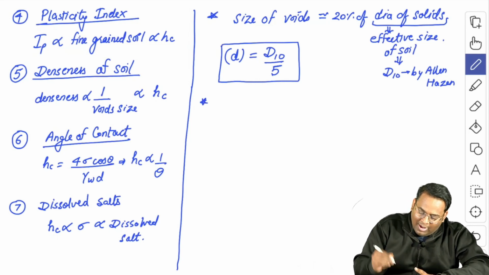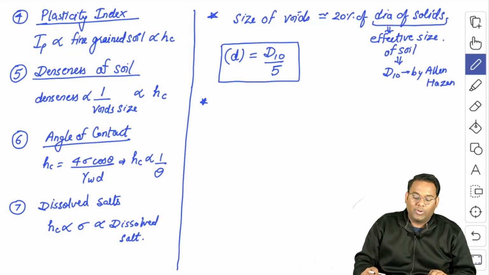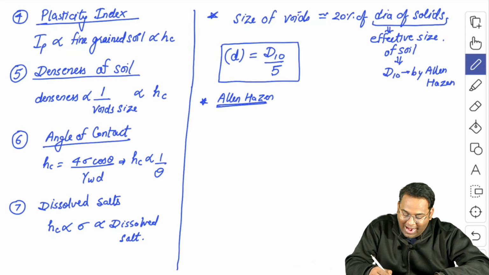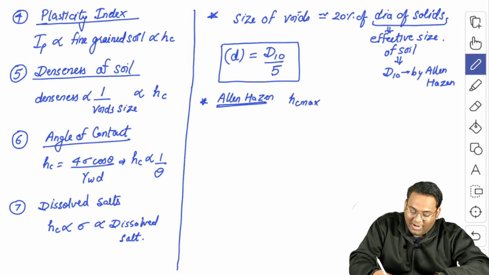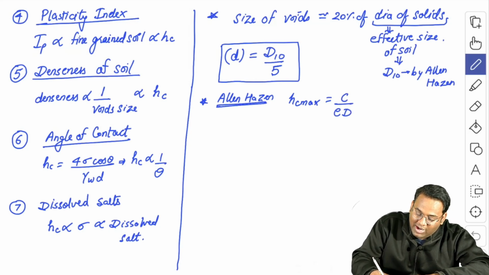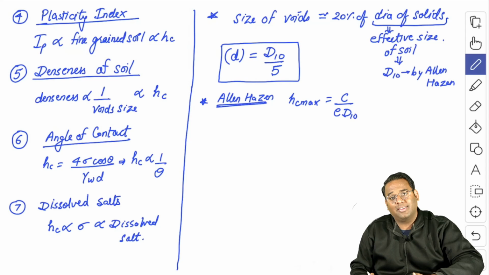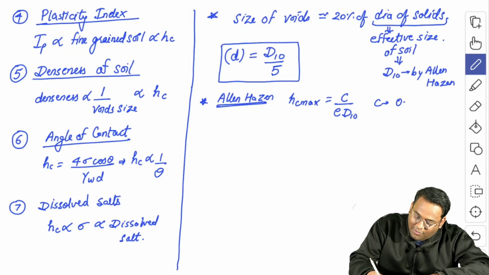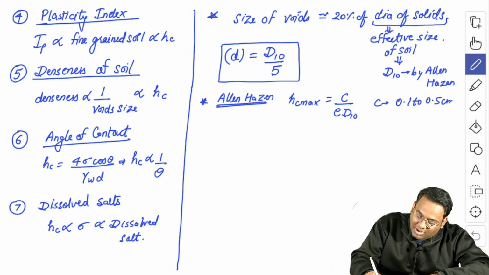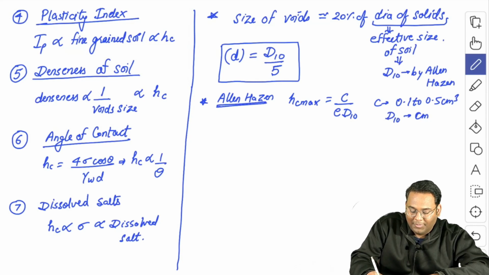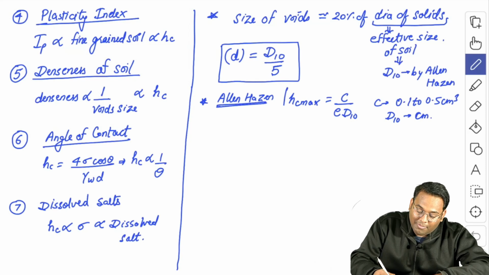Now, this relation was actually used by Allen Hazen to give the value of HC directly, and this HC max is related to D10 as C by e into D10, where e is the void ratio, D10 is the effective size of the soil, the value of C is 0.1 to 0.5 centimeter cube, whereas the value of D10 is taken in centimeter. So this is another formula that you can remember here.